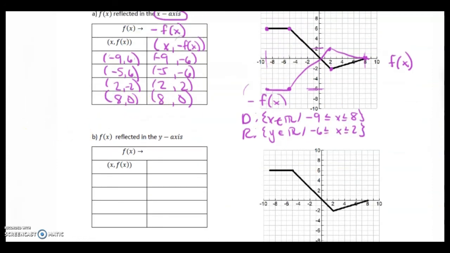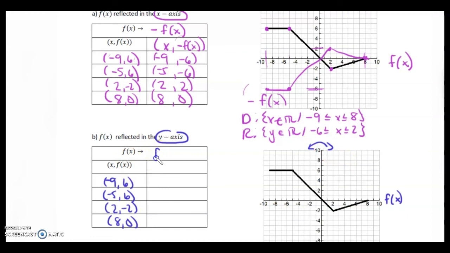We're going to do the exact same thing for b, except this time we're going to reflect it in the y-axis. I'm going to copy this table of values: -9, 6, -5, 6, 2, -2, 8, 0. If we reflect f(x) in the y-axis, it's going to affect the x's.